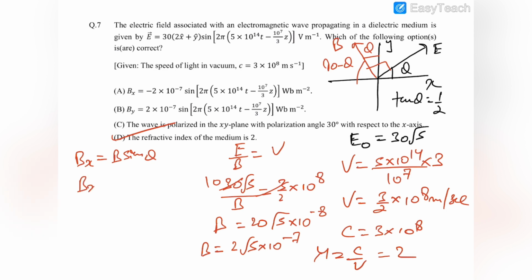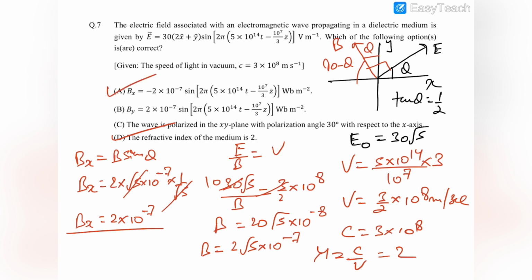So Bx will be equal to 2 root 5 into 10 raised to power minus 7 into 1 by root 5. So Bx is equal to 2 into 10 raised to power minus 7. So one of the correct options is A. And By is equal to B cos theta, and cos theta is 2 upon root 5. So it would be 4 into 10 raised to power minus 7.